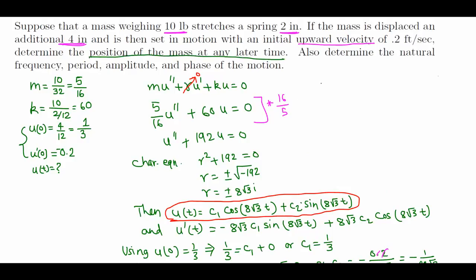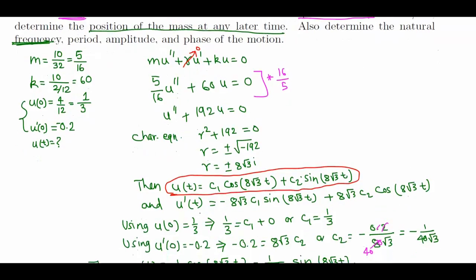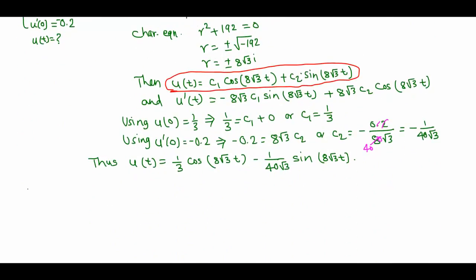Now we need to find the natural frequency. Natural means there is no outside force. That's why natural frequency, period, amplitude, and phase of the motion. So let's first find the frequency. The natural frequency, omega naught, is already found here.